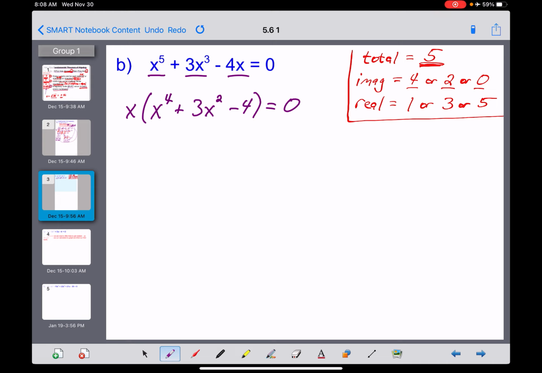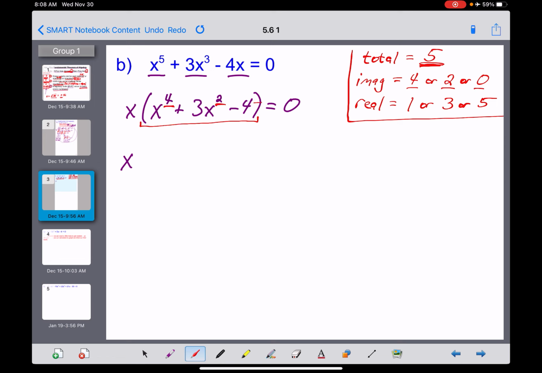Now remember, just because you've done some factoring doesn't mean you're done factoring. It is entirely possible that what you're left with inside those parentheses could also be factored further. And I think that's the case right here. This is what I kind of referred to as the 4, 2, 0 pattern.